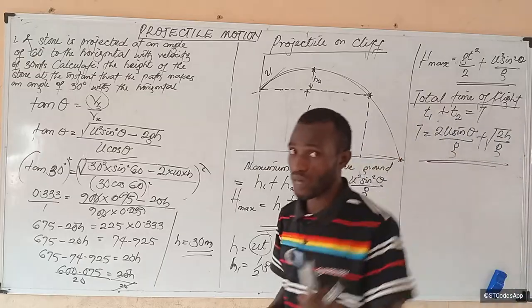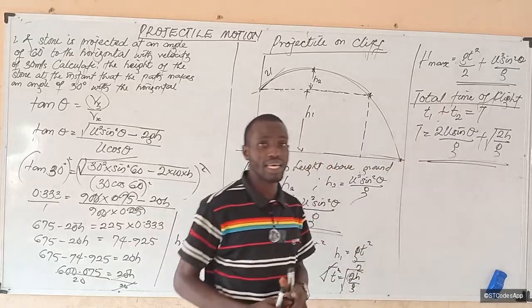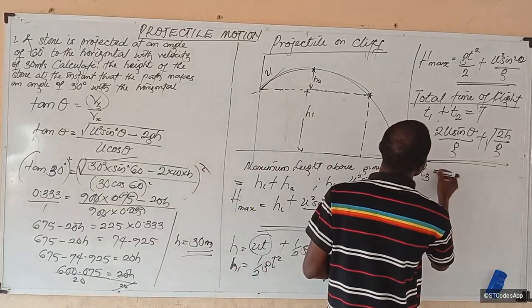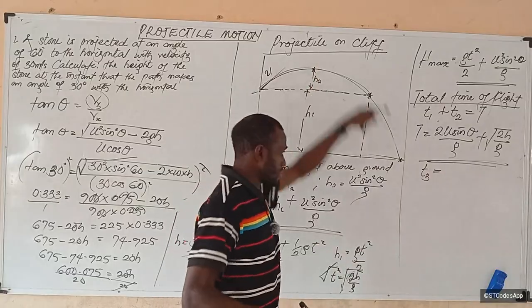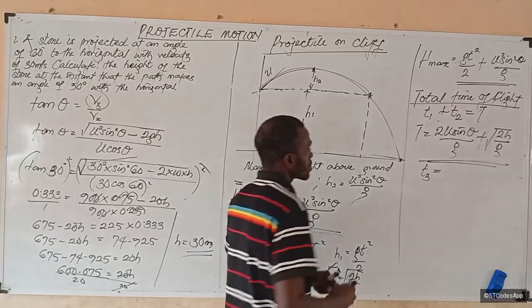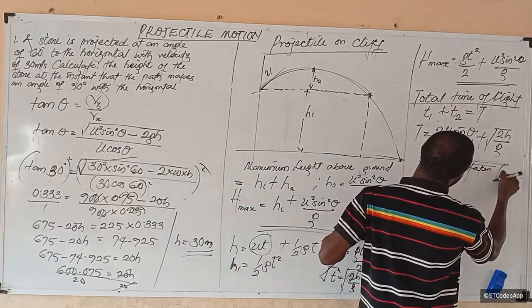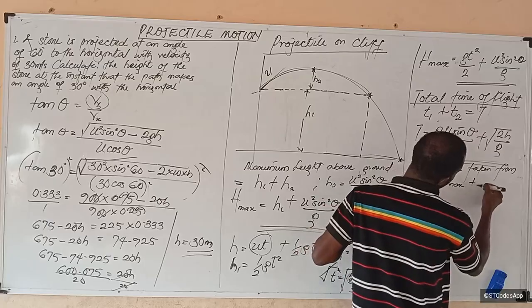This is another formula. Now here's another formula too. Now watch. Let's parameterize a particular time t3 and call it the time taken to go from the maximum height downward. So t3 is time taken from h max to the ground.